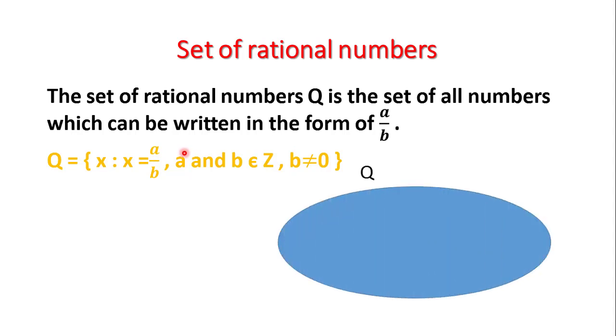So now we have the rational numbers, and the integers are a subset of the rational numbers. Q is the greatest set until now. Integers are a subset of rational numbers, and natural numbers are a subset of integers.